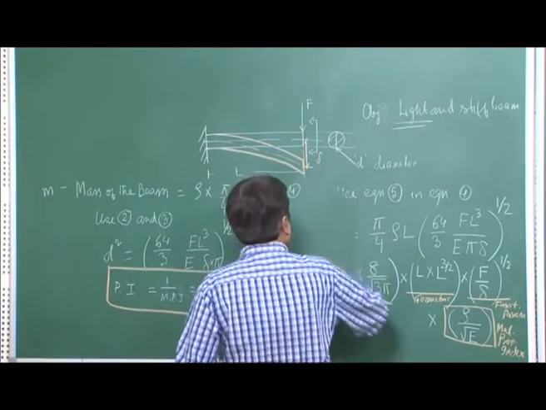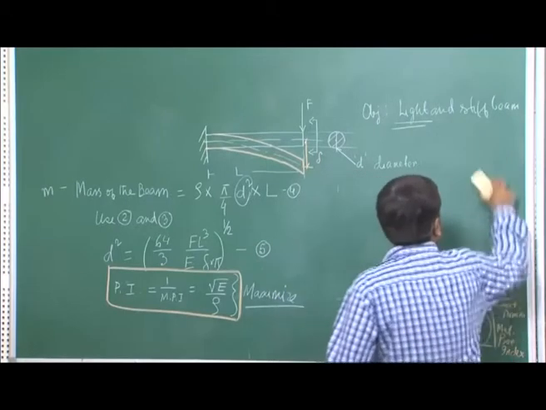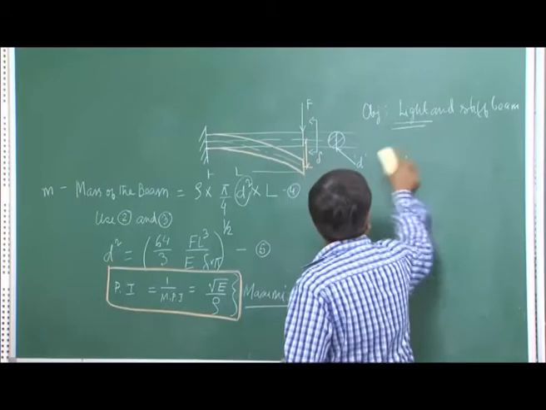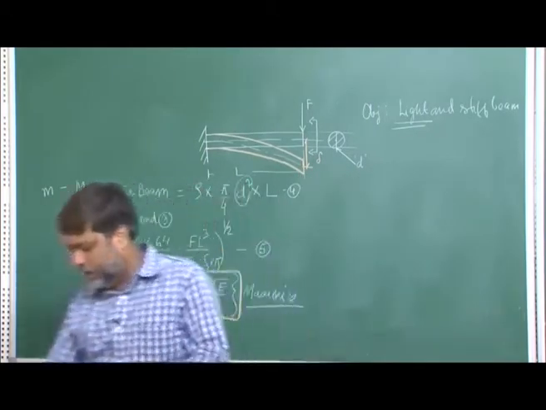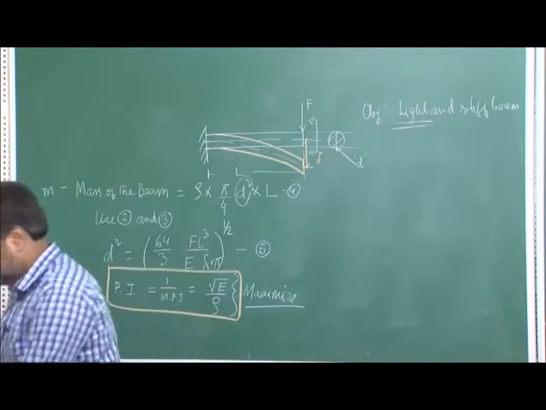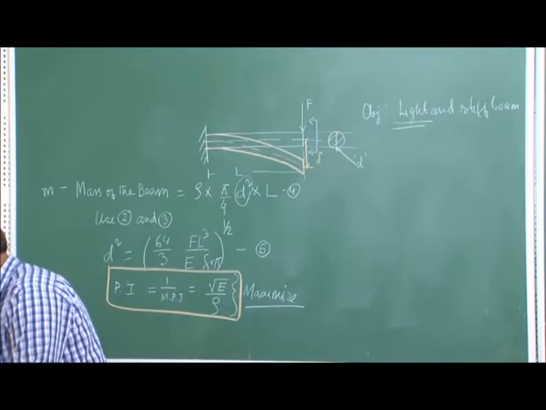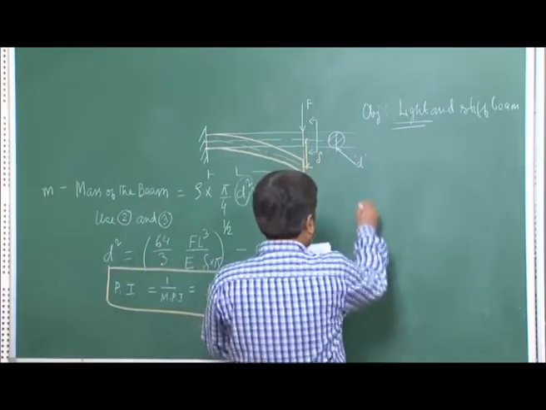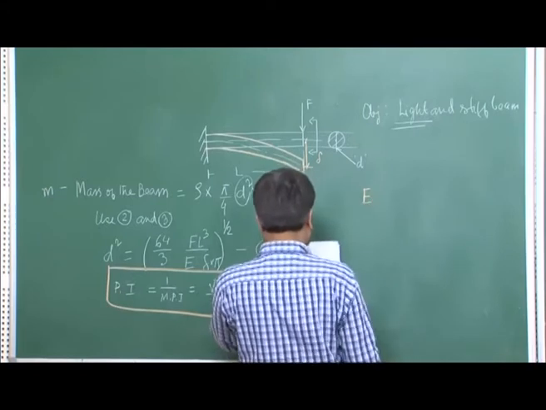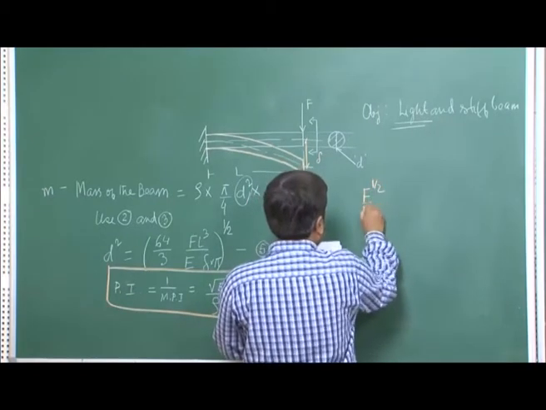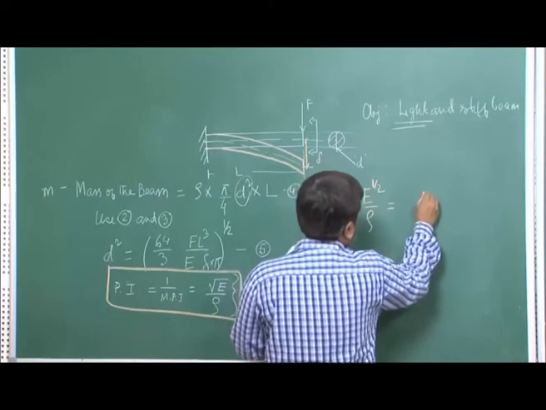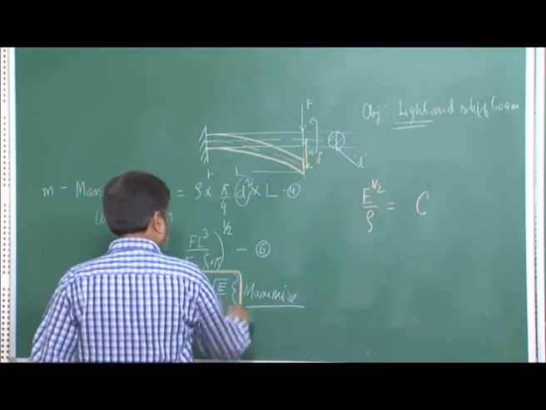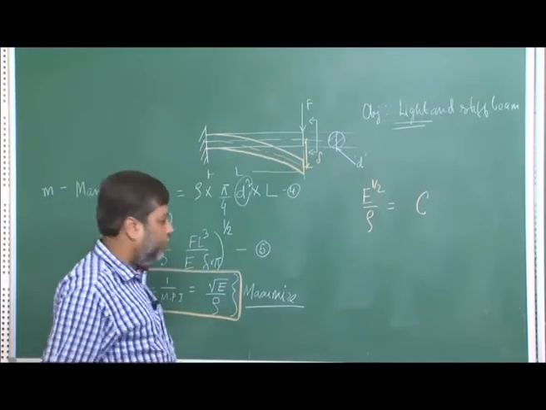Now, on top of this, we may also say that there is some kind of a cutoff value in our analysis. Suppose I say that E to the power half over rho has a cutoff value C. That means you want to maximize it, fine, but at least it should be beyond a certain point.